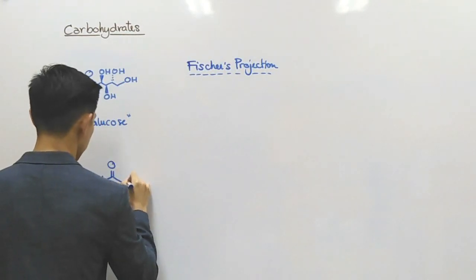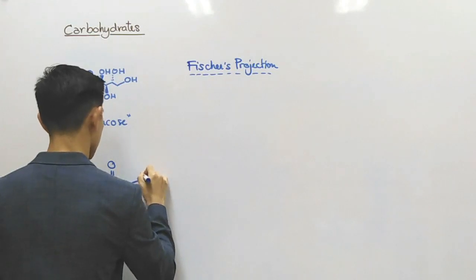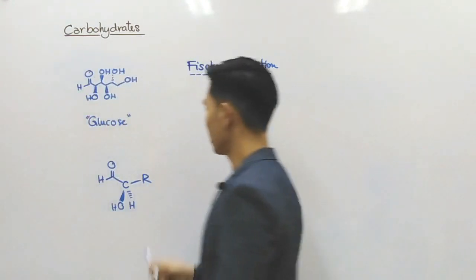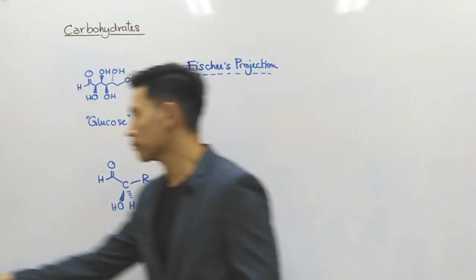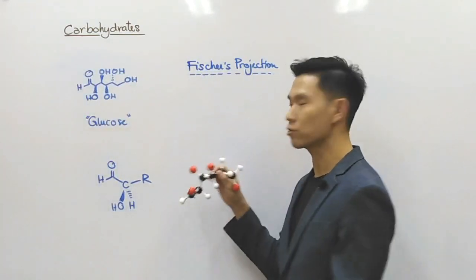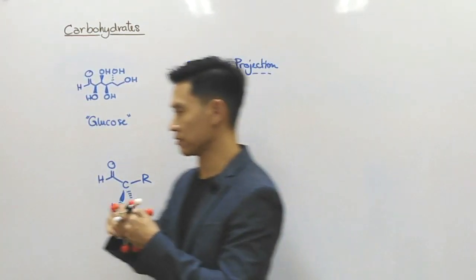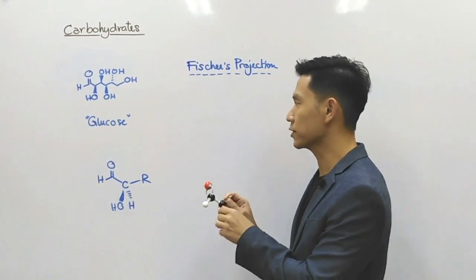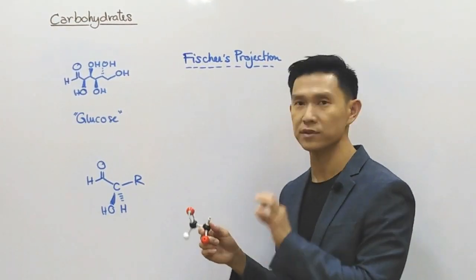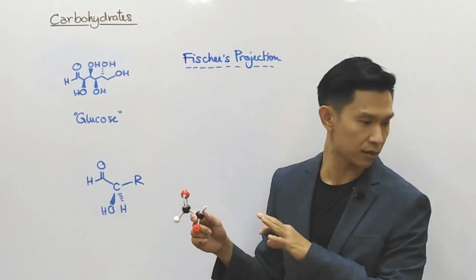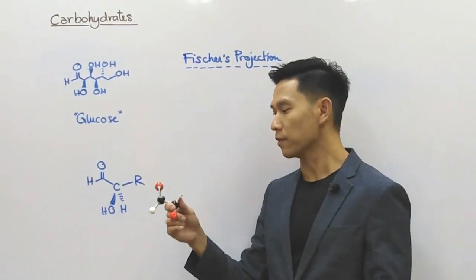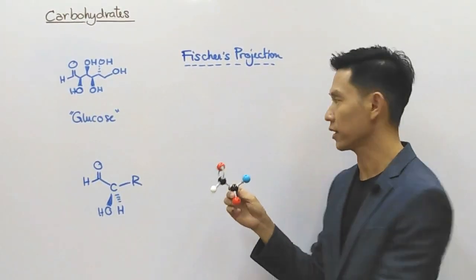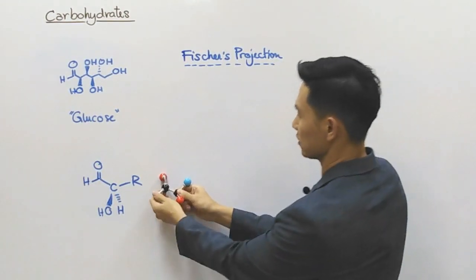For example, if you have this molecule, from the glucose like this, I will just cut the rest of the molecule and substitute that with R. So I will use one atom as R. I will symbolize the R group with the blue dot here. Okay, so it is like this.